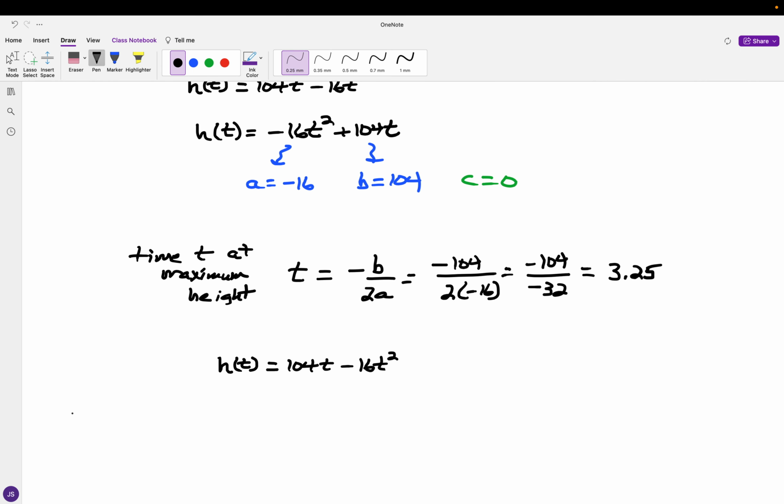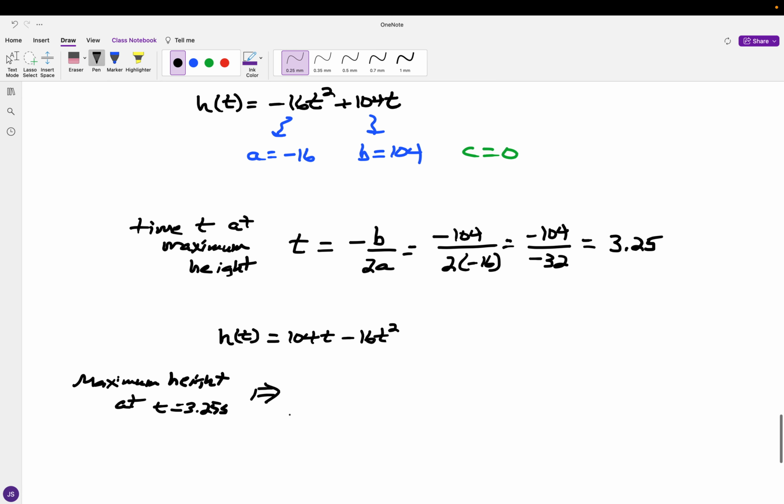So for the maximum height, again, this is achieved whenever the time is at 3 1/4 seconds. You can either use the standard form conversion or the original we had laid out.